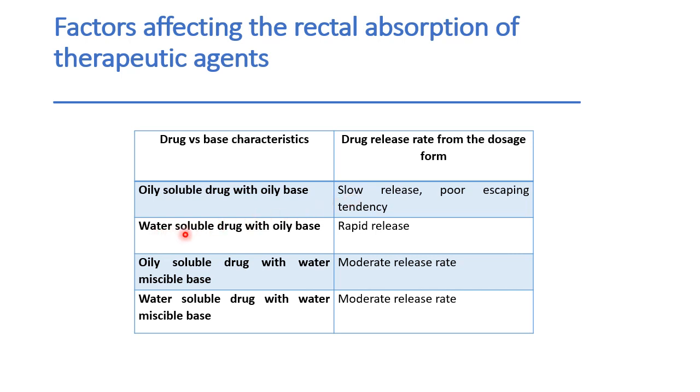If we have a water-soluble drug with an oily base, this will result in a rapid release of the active ingredient from the dosage form. If we have an oil-soluble drug with a water-miscible base, this will result in a moderate release rate, and the same happens if we have a water-soluble drug in a water-miscible base. So definitely from here we can conclude that a water-soluble drug in an oily base is the preferred combination.